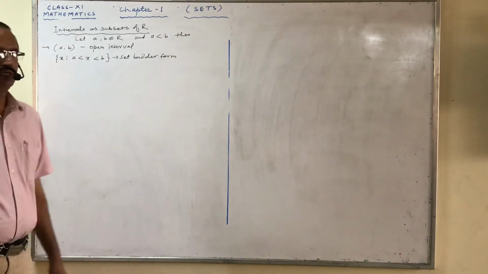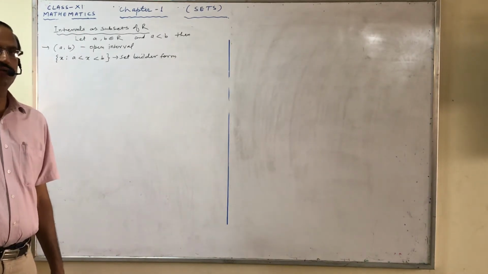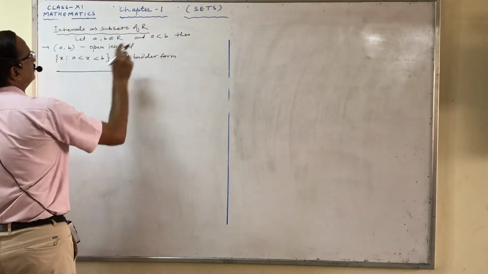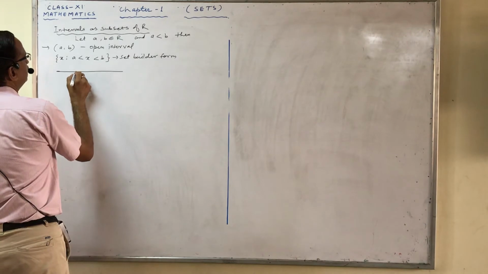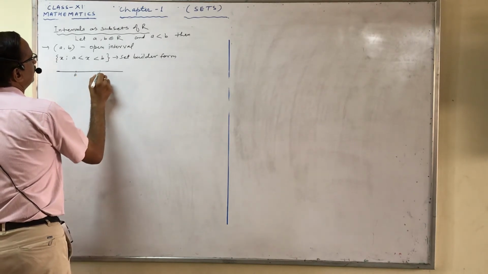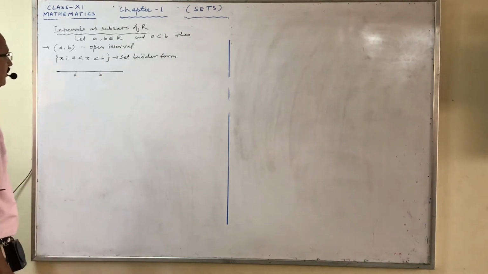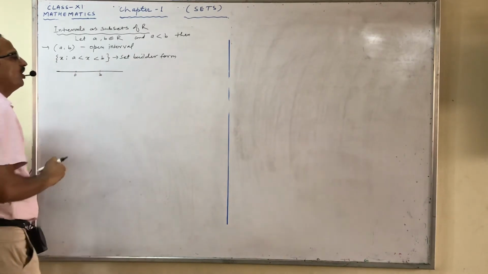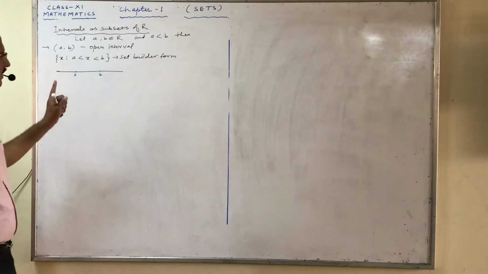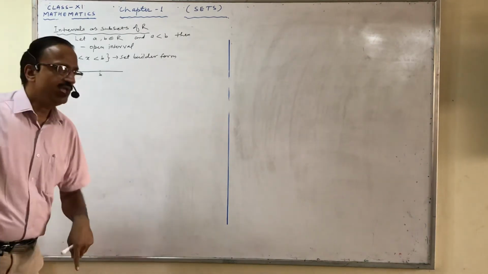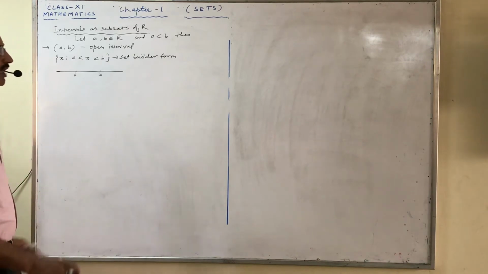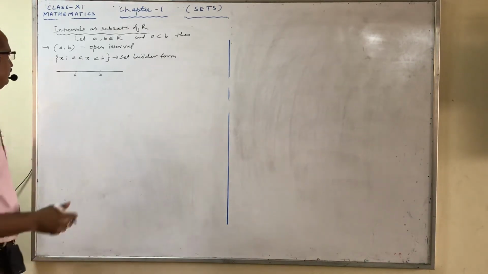And we can represent this on number line also. This A is smaller than B. Now it means A and B are not included. So this is the set from A to B excluding A and B. Both are excluded.